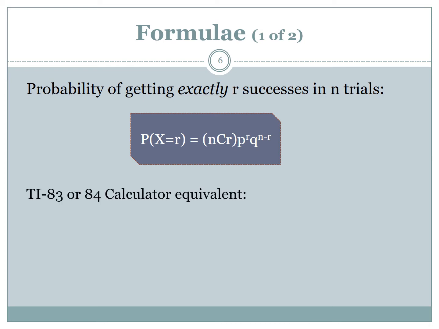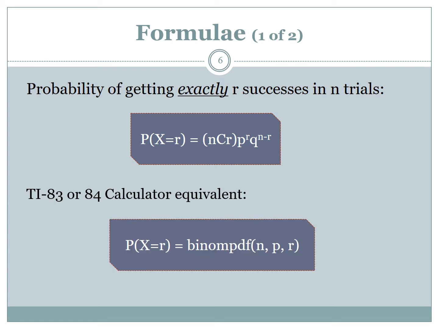Now there's an equivalent function on the TI-84 or TI-85 or TI-83 calculator. For our purposes, we're just going to be looking at the TI-83 and the TI-84 calculator. So the function is binomPDF, and the arguments are n, comma p, comma r.